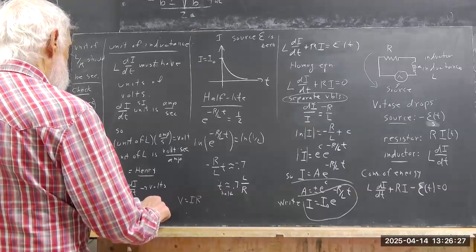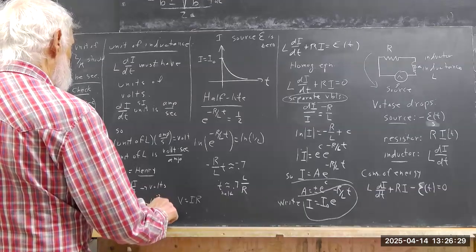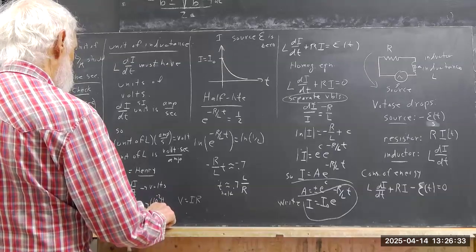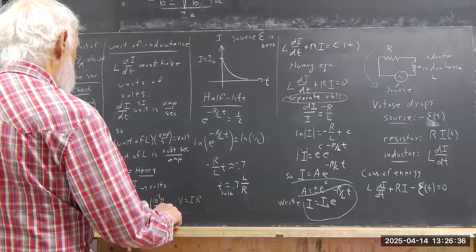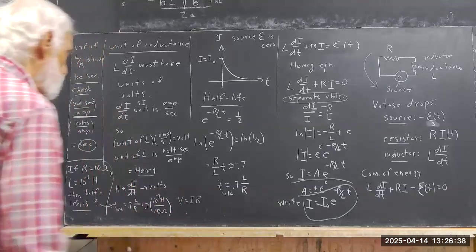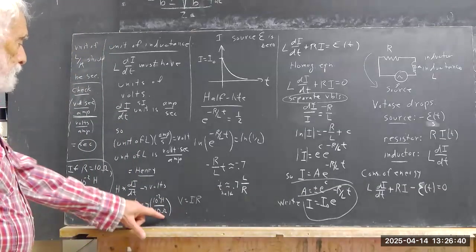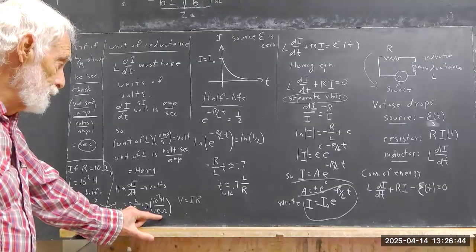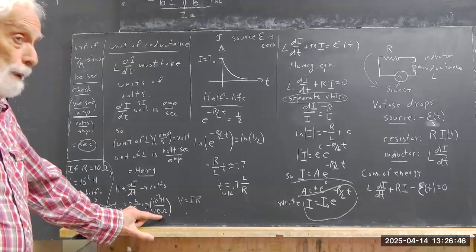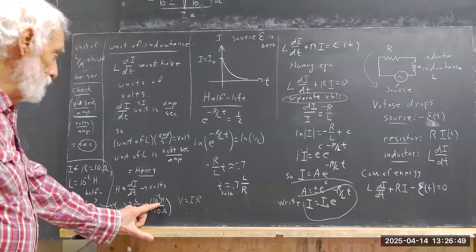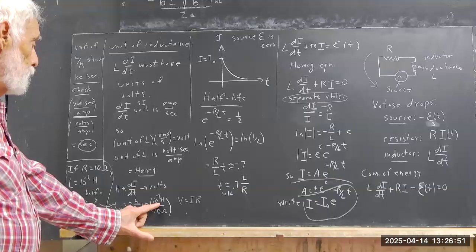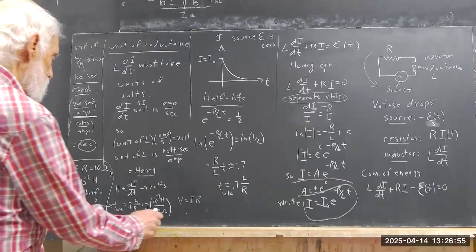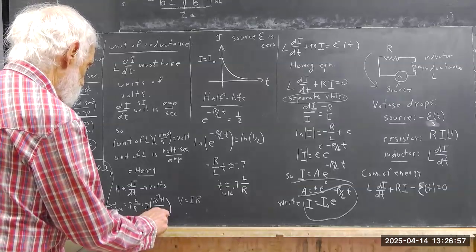Point seven times 10 to the negative second henries over 10 ohms. Well, 10 ohms is 10 volts per amp. A henry is a volt per amp times a second, so you're going to get a second. That one doesn't seem particularly good.